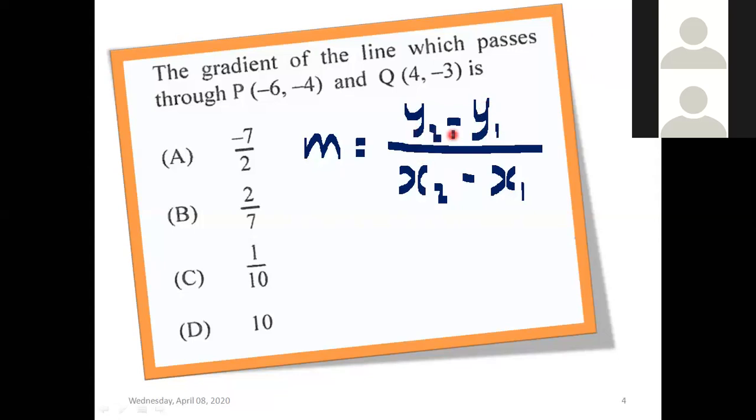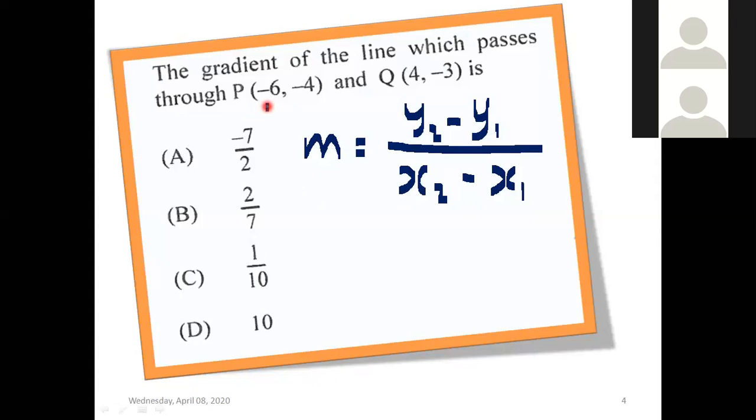It could be y1 subtract y2, but then the denominator would have to be x1 subtract x2. As long as numerator and denominator are in the same order, it doesn't matter. But the numerator has to be the y, and the denominator has to be the x.